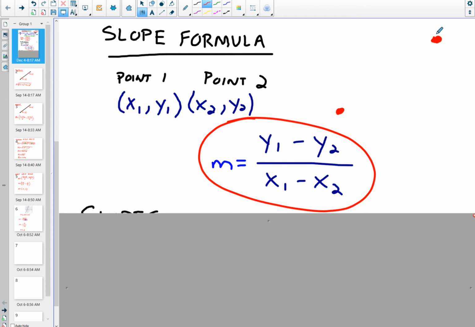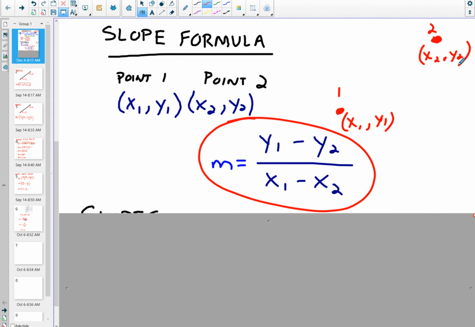If I choose to call this point 1, then that would make this x1 and y1. If I choose to call this point 2, then that would make this x sub 2 and y sub 2. But regardless of which one I put in first, the slope between those 2 points is still going to be the same.